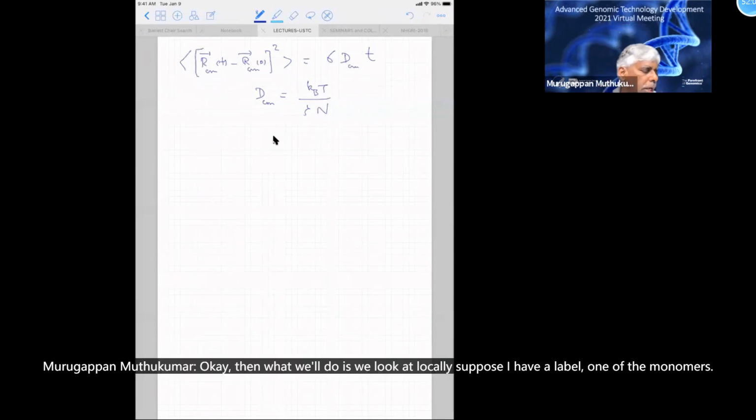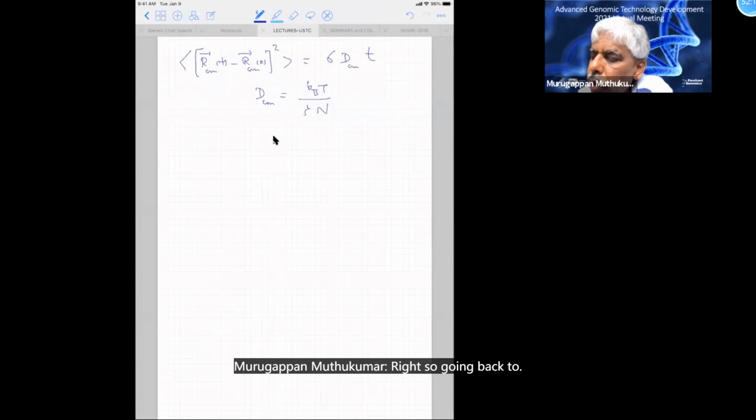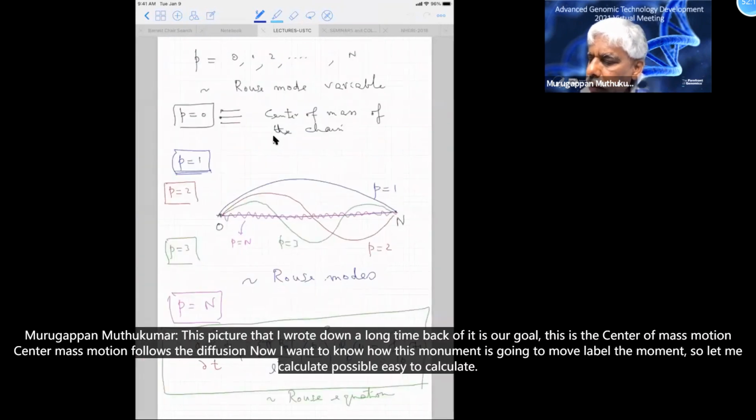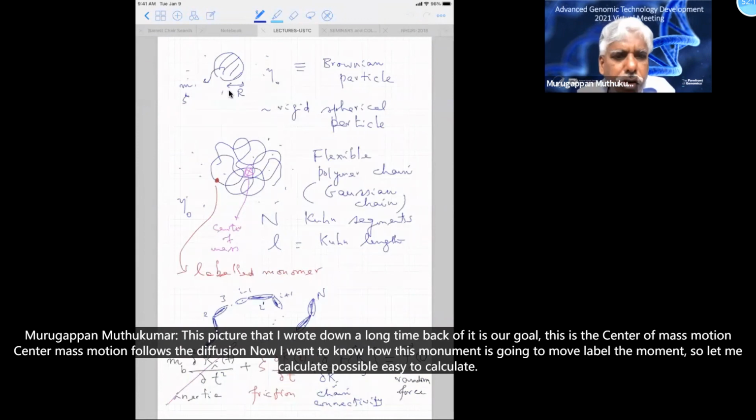Okay. Then what we'll do is we'll look at it locally. Suppose I label one of the monomers, right? So going back to this picture that I wrote down a long time back, this is our goal. This is center of mass motion. Center of mass motion follows diffusion. Now I want to know how this monomer is going to move, the labeled monomer.